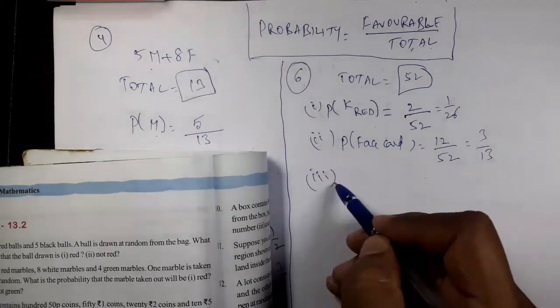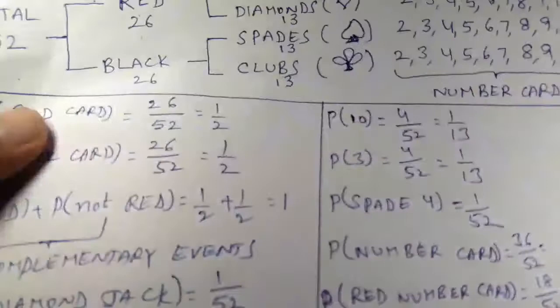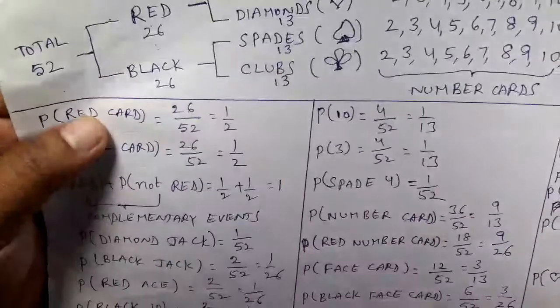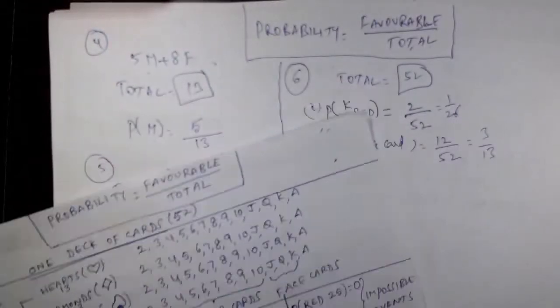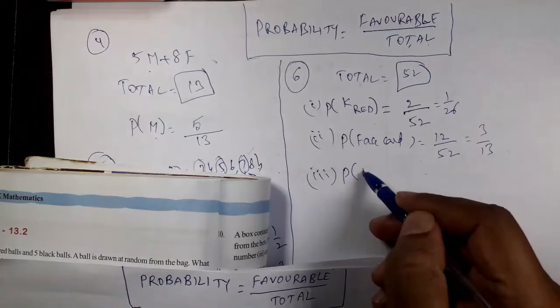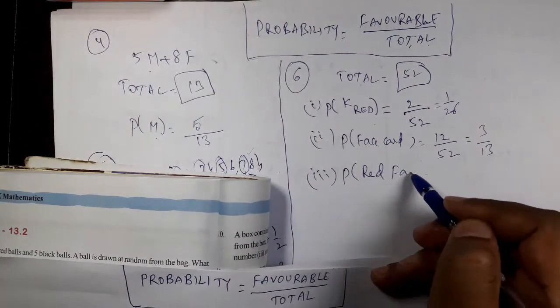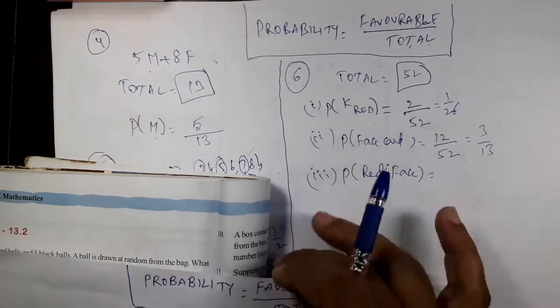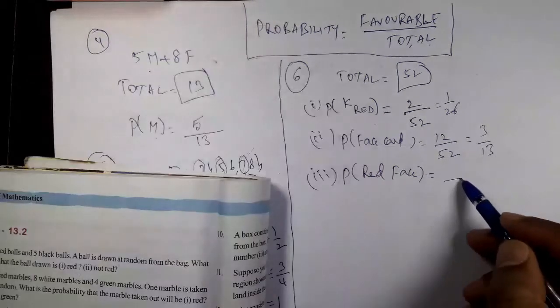Coming to the third part. The third one is a red face card. Probability of getting a red face card. Denominator is of course 52.